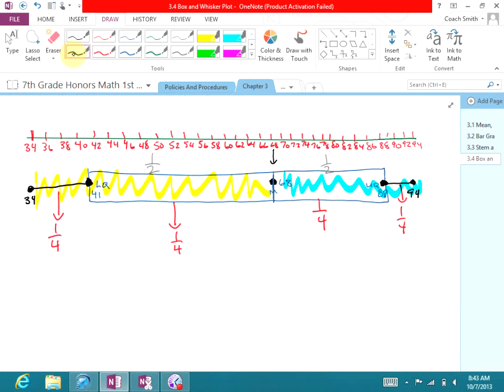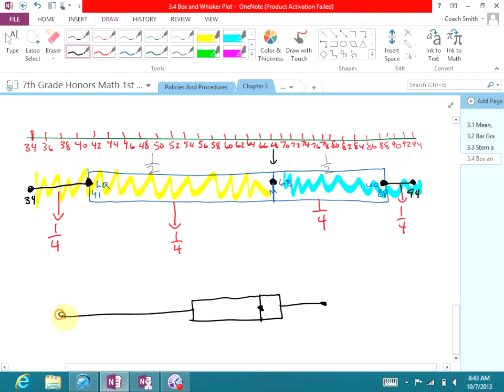Now, if you look at, I'm going to draw another one here so I can explain this a little better. Don't worry, obviously there's not going to be numbers associated with this. I just want to show you something. Okay, if I had this example of a box and whisker plot, this distance right here is very small. Okay?